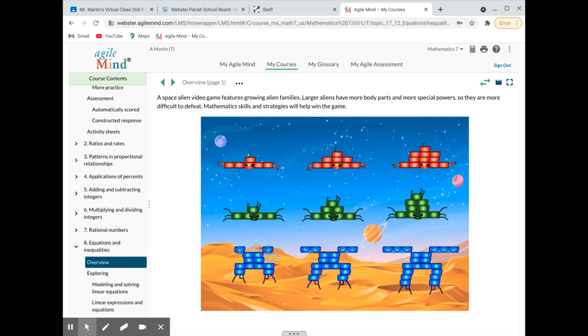So just looking at this, how do you think they're growing? Some blocks are added every time you move to the right. Okay.